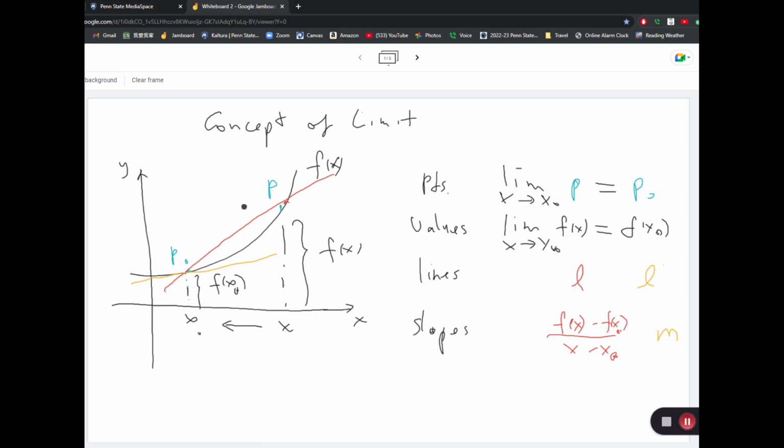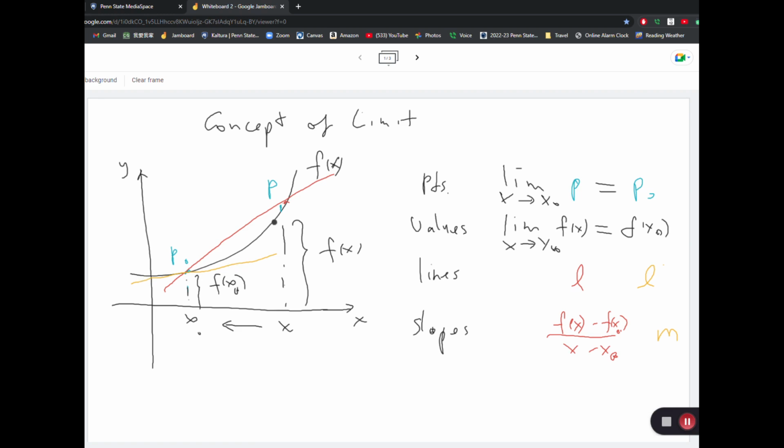Again, we are letting x approach x0. Look at what happens to the lines. Through P0 and P, there is a secant line going through 2 points. P0 is not moving. As we see, as x approaches x0, the red line is coming down, approaching the tangent line.